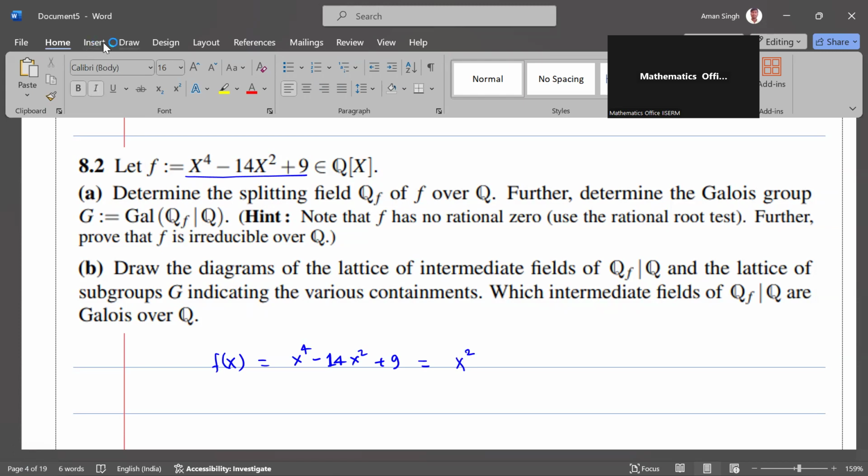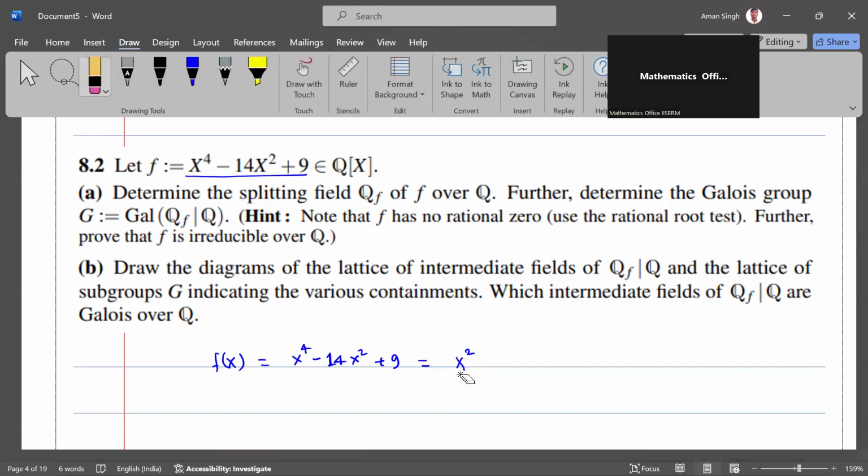Let me calculate the roots first. Lambda is equal to minus b, that is 14, plus minus under root b square minus 4ac, that is 14 square minus 4 into 9, divided by 2a, that is just 2.